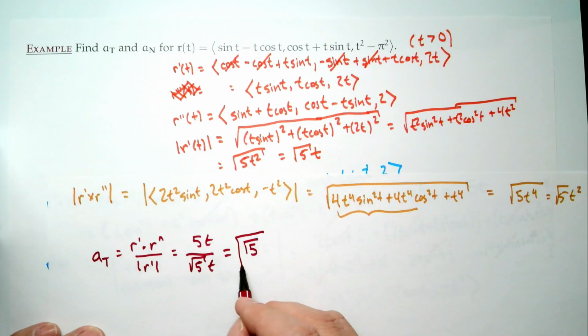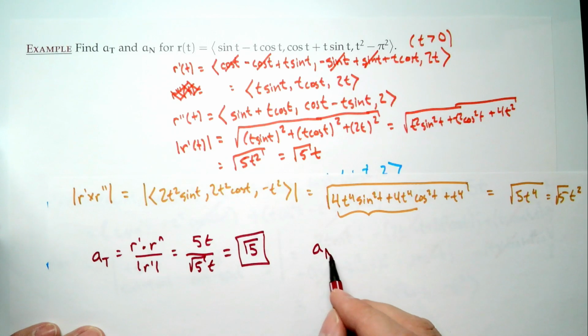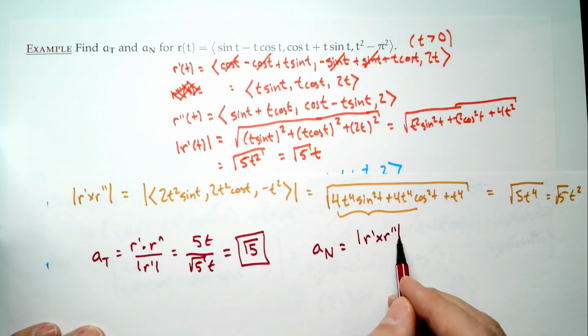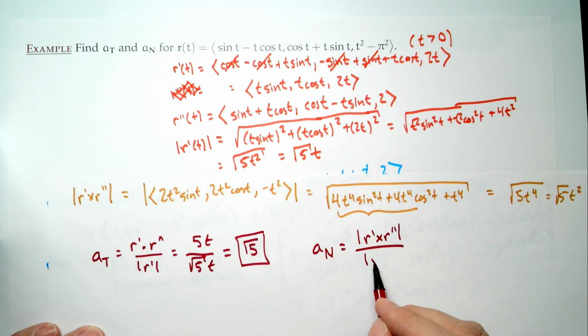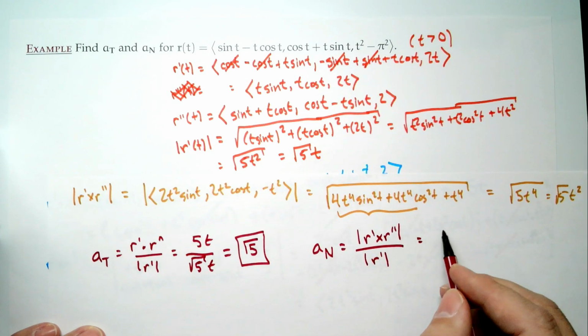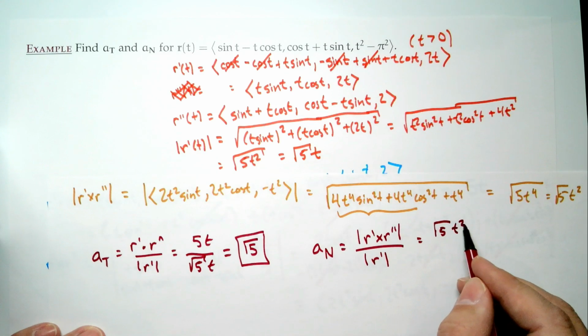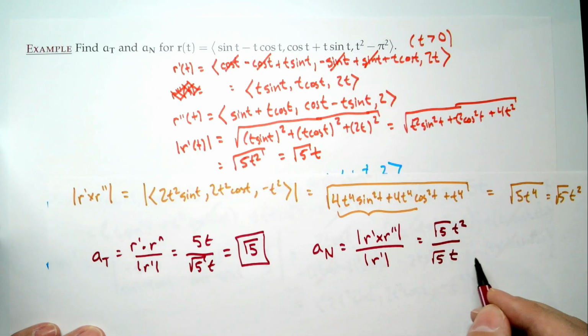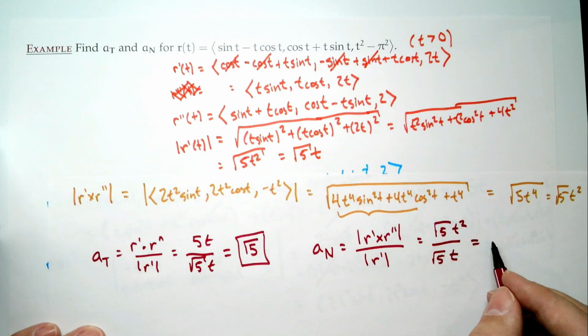Square root of 5. Okay, a sub n, that's the magnitude of r prime cross r double prime divided by the magnitude of r prime. So that's the square root of 5 t squared divided by the square root of 5 times t, which becomes t.